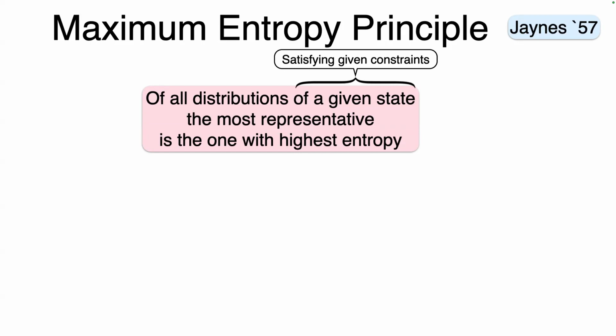The question is, which distribution should you assume? Of the many distributions that have this feature, this expected value, which one should you choose? It says the most representative is the one with the highest entropy, a well-known principle.